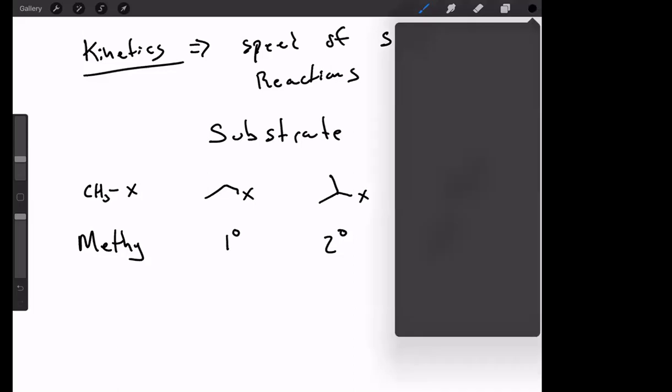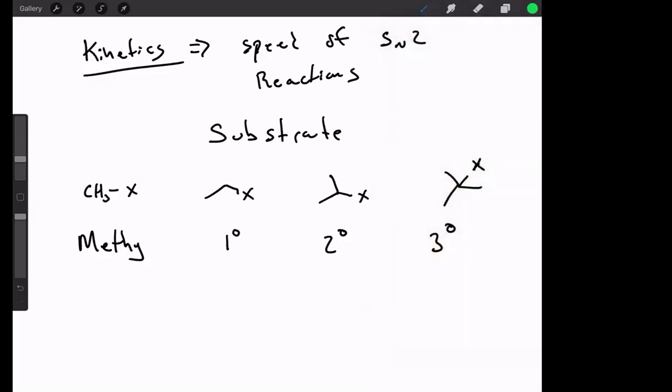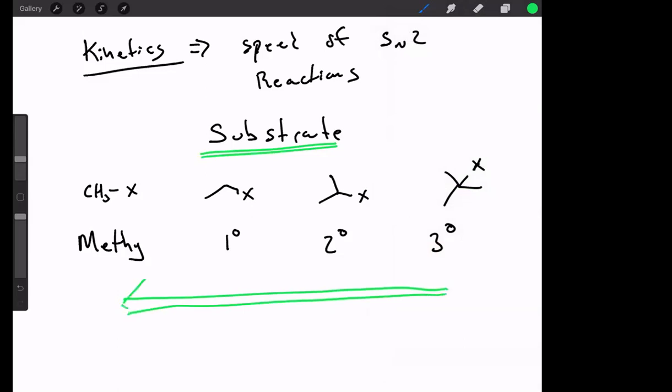There is an order of preferential treatment when it comes to the substrate. It is faster in this direction. Take a minute to think about why that might be. Why might the methyl reaction be faster than a primary, which is faster than a secondary, which is faster than a tertiary?